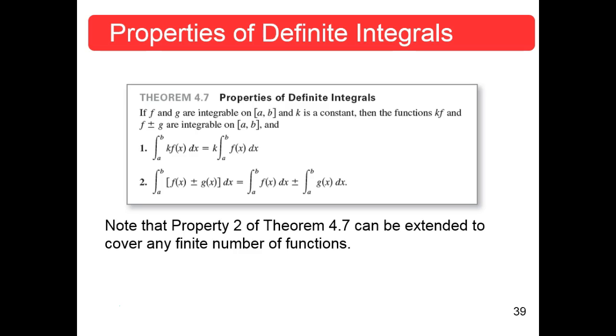The integral from a to b of f of x plus or minus g of x dx is the integral from a to b of f of x dx plus or minus the integral of g of x dx. Note that property 2 can be extended to cover any finite number of functions. It can be plus or minus h of x, plus or minus k of x, plus any number you have, to split it into the integral of each one of them, as long as each one of them is integrable.